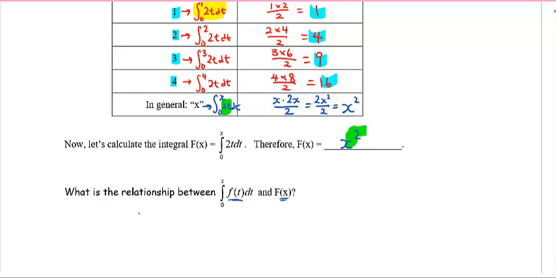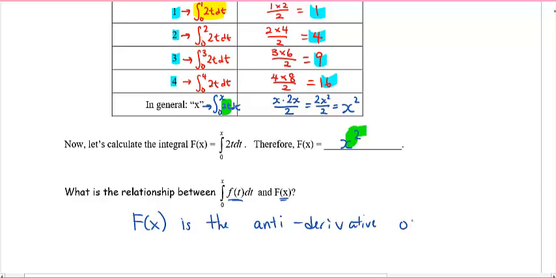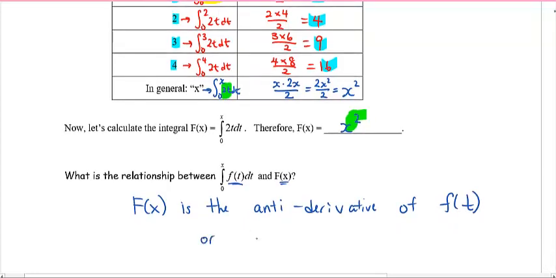So I want you to understand that this capital F of x function is the antiderivative of the little function f of x, I guess in this case f of t, or I can say something like this: capital F of x is equal to the integral from 0 to little x of the function f of t dt. This area is really just the antiderivative.